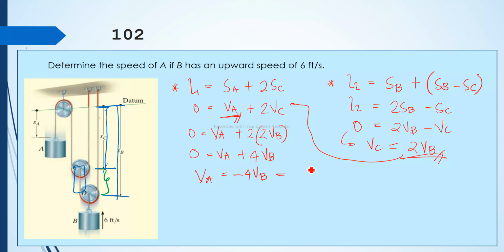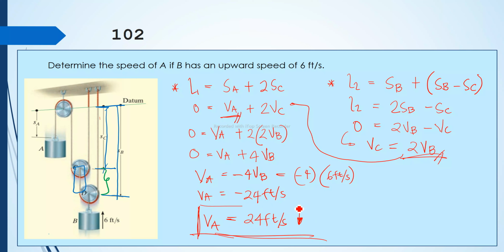We have the velocity of B moving upwards at 6 feet per second. Then we'll have negative 4 times 6 feet per second. So our velocity is equal to negative 24 feet per second. Or simply, our velocity A is 24 feet per second, but is moving downwards, as denoted by the negative sign.